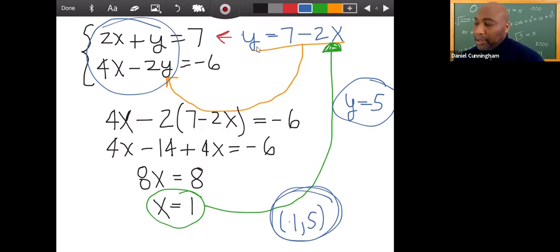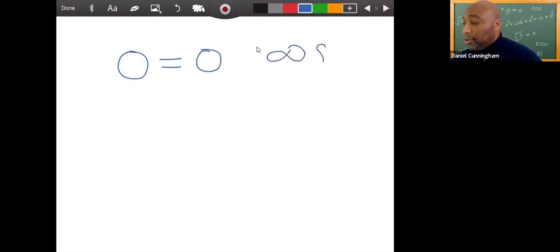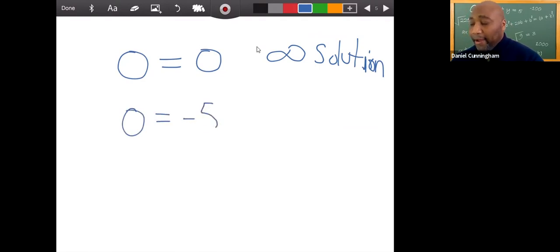Now, if something happens when you use the substitution method and everything gets canceled and you end up with a final answer of 0 equals 0, then we know that this means it's infinitely many solutions. Let's say you use the substitution method and it gets you something like 0 equal to negative 5.